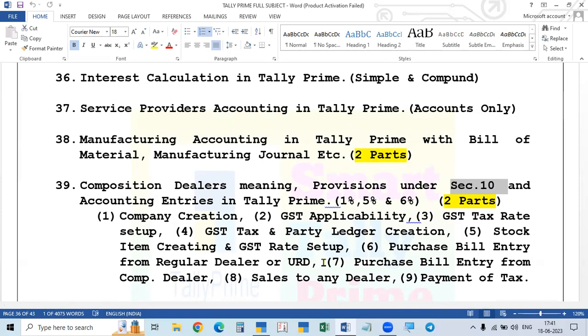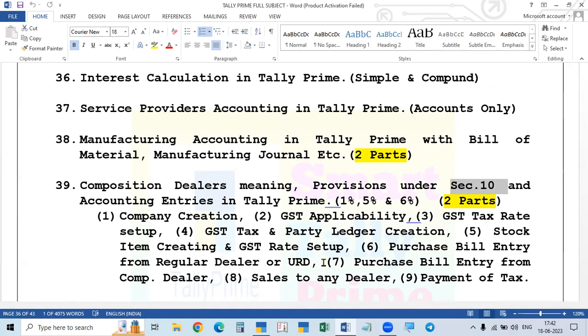Even though the turnover is less than 1.5 crore, some people cannot opt for the composition scheme. Number one is persons making interstate outward supplies. Outward supply means sales, and selling interstate means selling in other states. They cannot take the composition scheme.